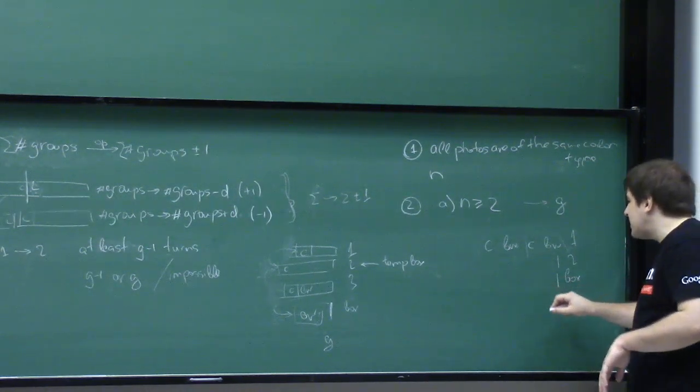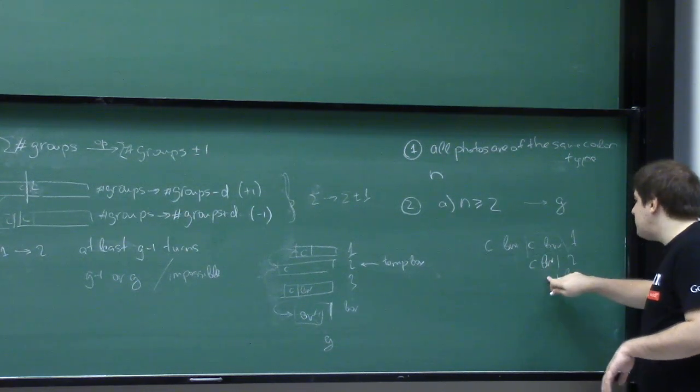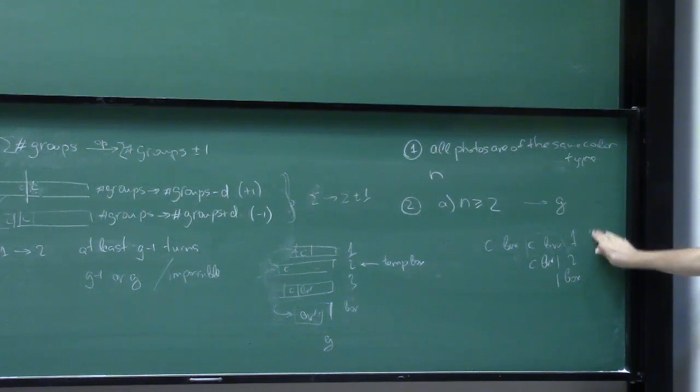Okay, let's consider the different case when, let's say, we have C and BW here. In this case, I think we should be able to deal with it in 5 turns, right? And how can we do that?